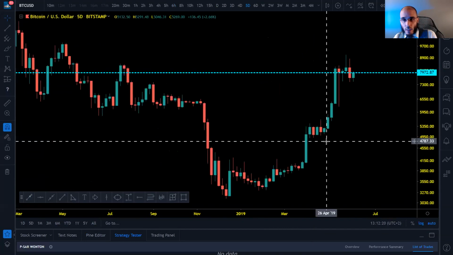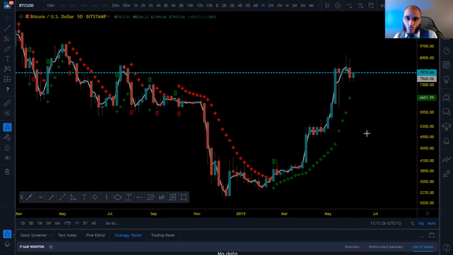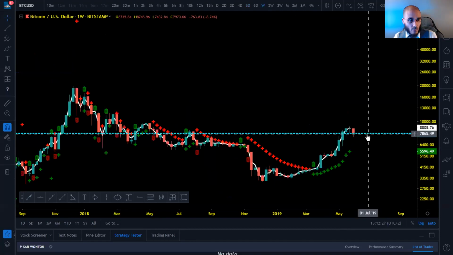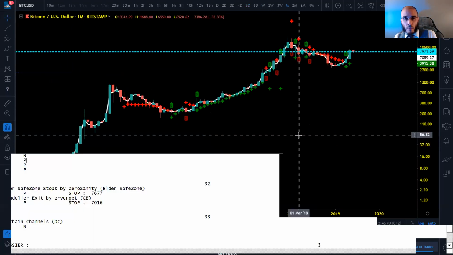On the 5 day, which I quite like, you are still positive. On the 1 week, you are positive. And on the 1 month, you're also positive. So there was a lot of positive. So that indicated to me it is more positive than negative. But an important time frame, the 1 day time frame, is negative.